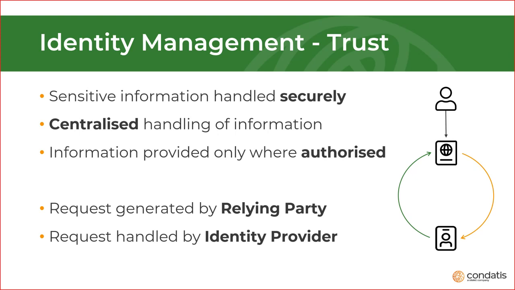The relying party trusts the identity provider to perform suitable authentication to identify the user and to assert accurate and up-to-date information about that user. And finally, the identity provider trusts the relying party to treat the return data securely and to trust it only for the period that's defined in the return token.